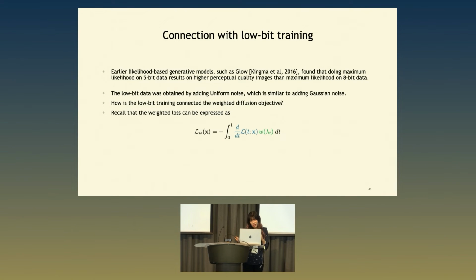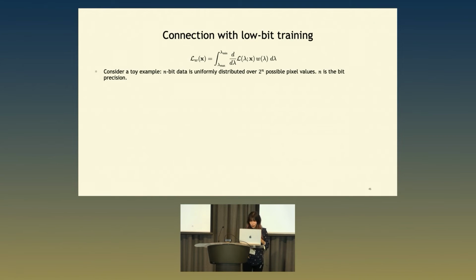So again, this is our weighted loss. To do a change of variable, we can change from dt to d lambda again. So this is the weighted integral if we integrate over d lambda. After we have this formulation, we can think about a toy example where we assume our data is very simple. It's just uniformly distributed over 2 to the power n possible pixel values. If we change the number n, we change the bit precision of this training data.